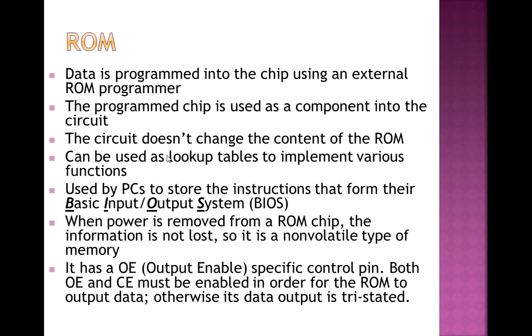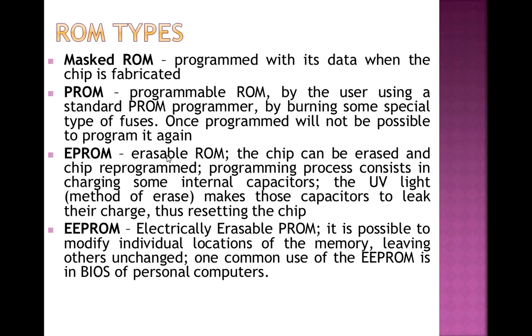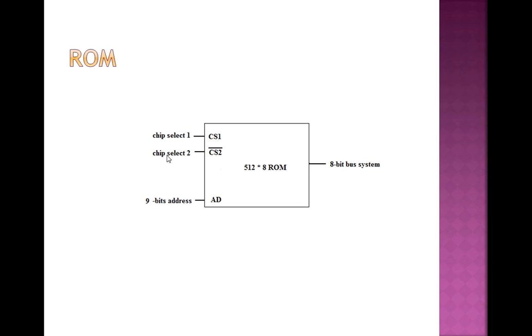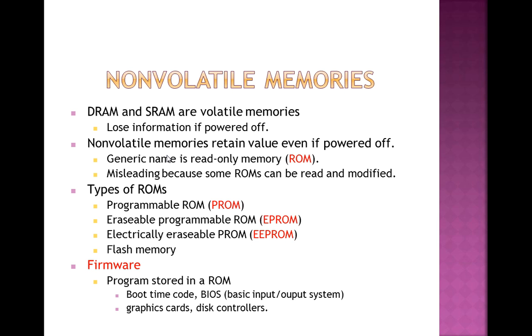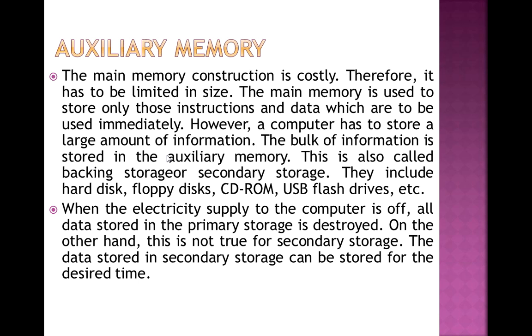Because it cannot be modified by the computer. These are the ROM types. We have discussed the ROM chip also. Volatile memories are dynamic RAM and static RAM. Non-volatile memories are ROM, types of ROM, and firmware.